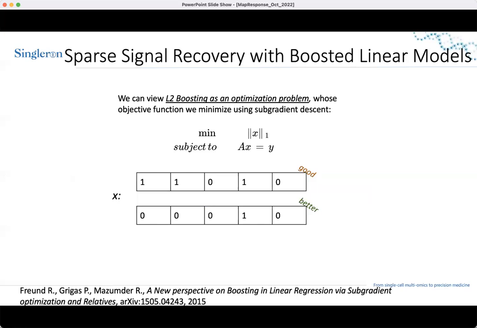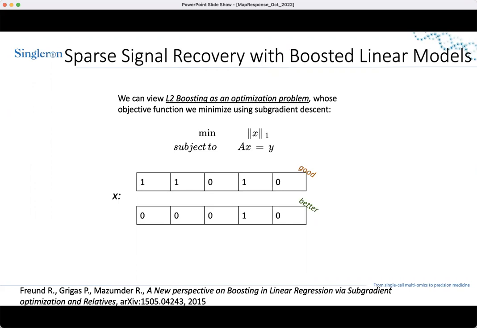So what does this mean? Basically, we're viewing this L2 boosting as an optimization problem, and we're going to minimize the L1 norm subject to these constraints.